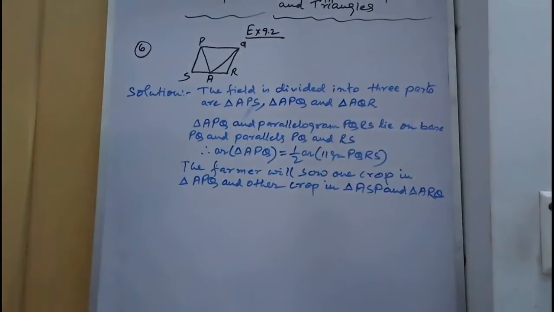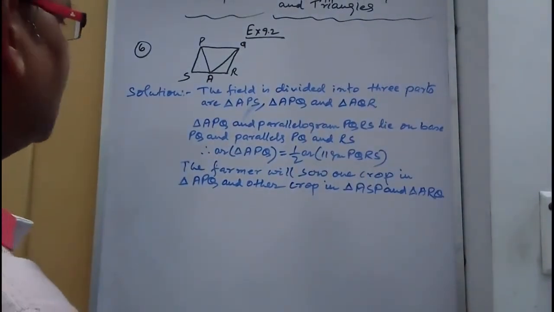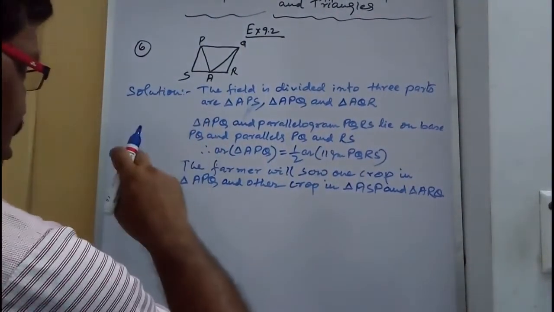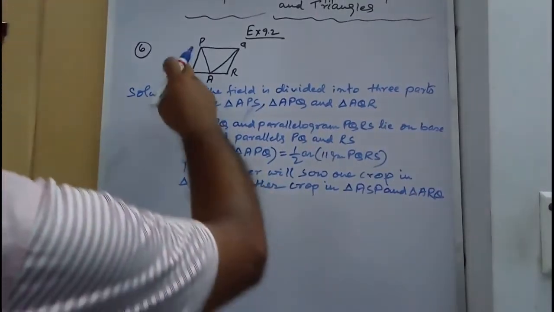So in this way we will sow the crops. One crop is in this area and another crop in these two areas.